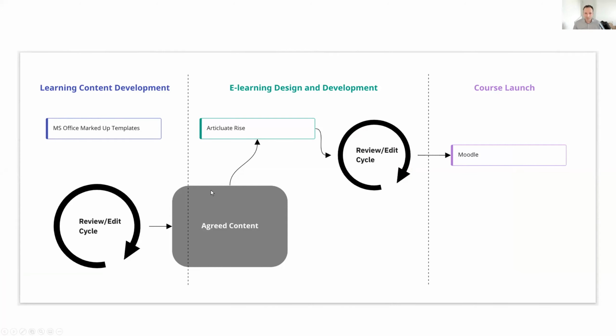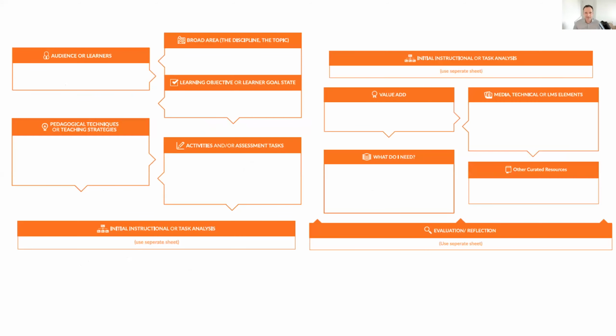When people are happy with that much, we move on to the actual design and development process. In the case of this project, we use something that I have misspelt here. It's called Articulate Rise. I'll tell you more about that software in a moment. Things again go through a review and edit cycle, and then eventually we release the course as we have done in the case of this course.